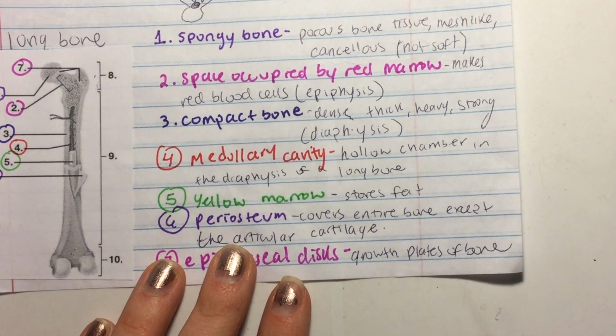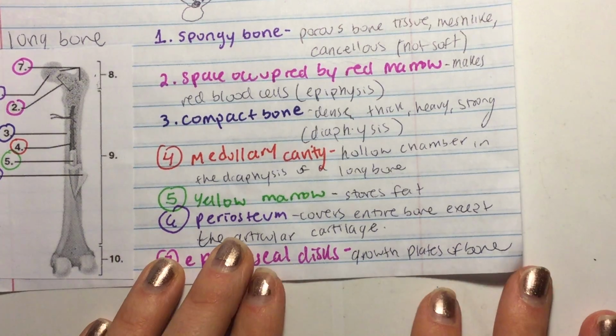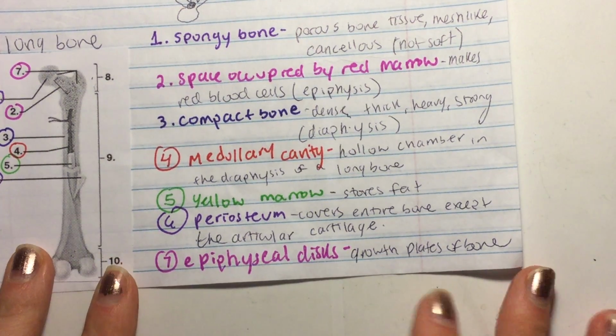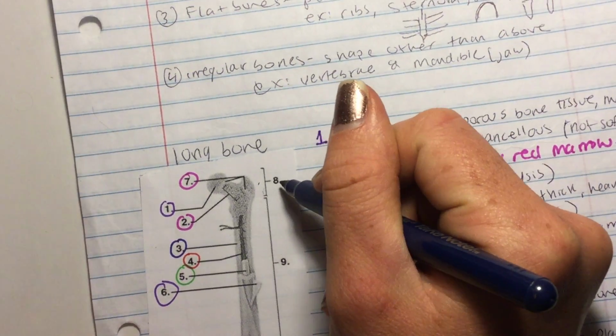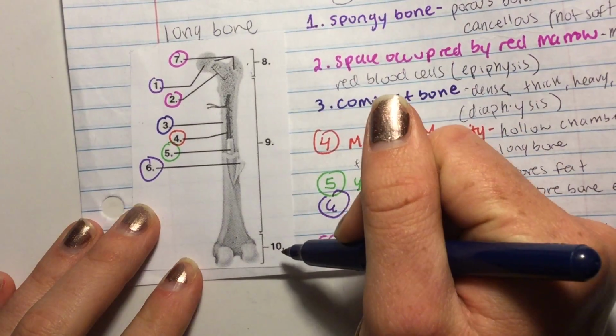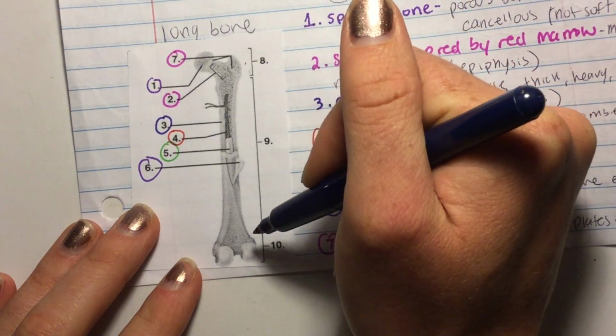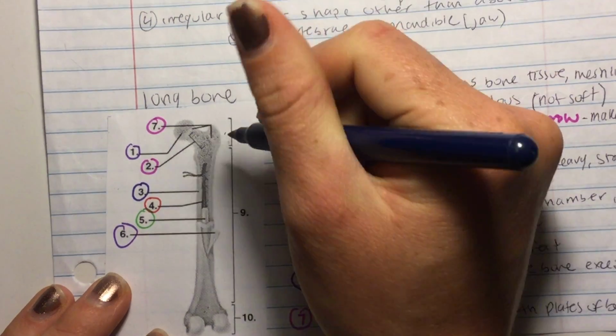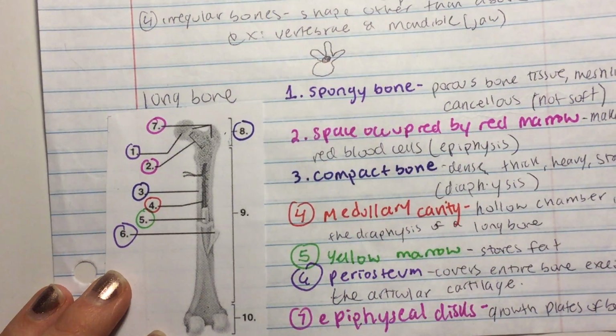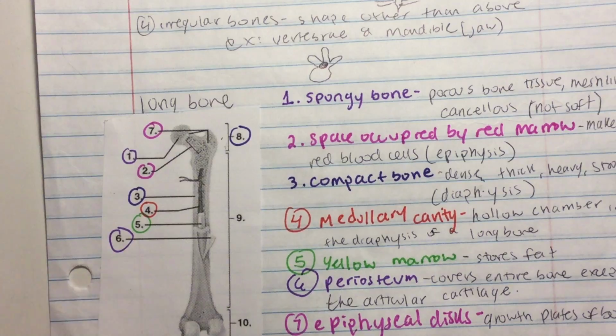Number 8 is now a section of the bone. So this is what I've referred to quite a bit in here. And it's this entire top portion of the bone. We also see it down here in number 10. You can notice that the structure is slightly different from number 8 to number 10. And so we're going to label number 8 the proximal epiphysis.